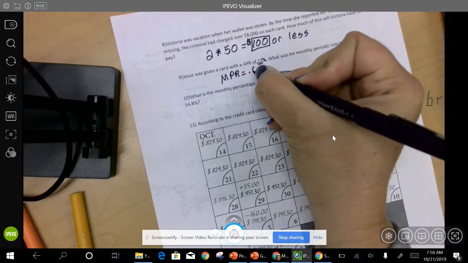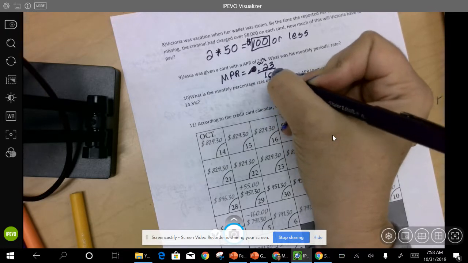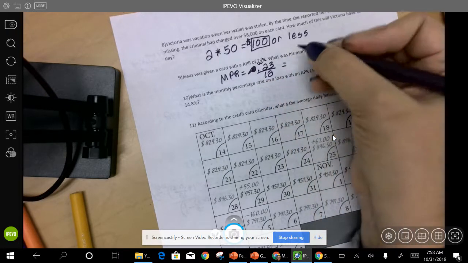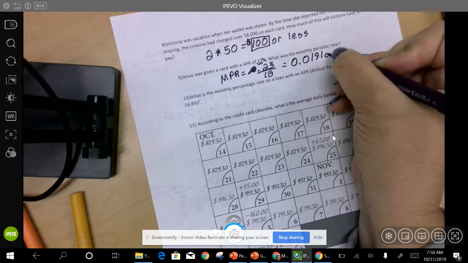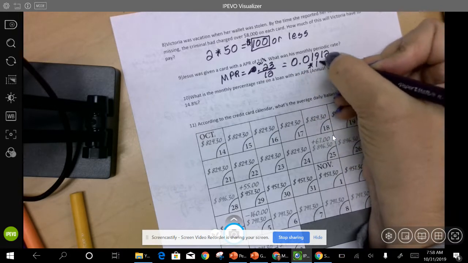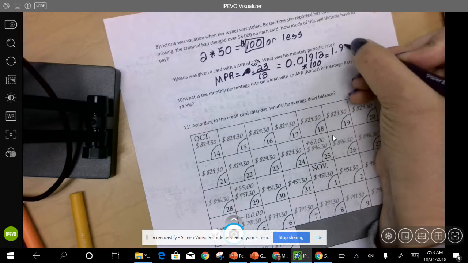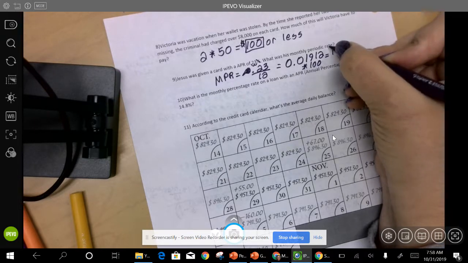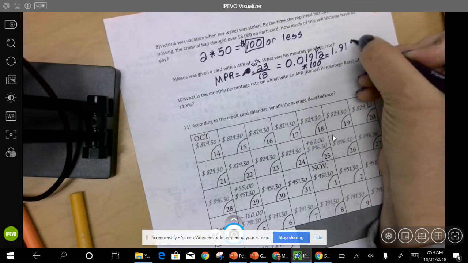So 0.23 divided by 12. Okay, and I get 0.01921. I'm going to multiply it by 100, and I get 1.91. Remember, 5 and up rounded up. Okay, percent.